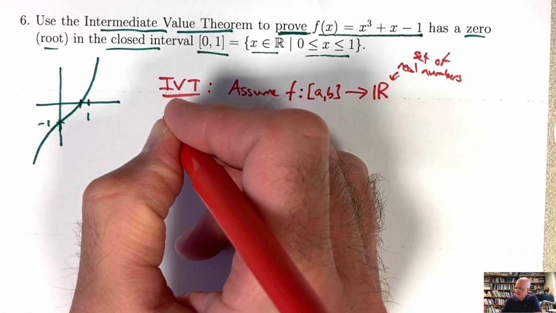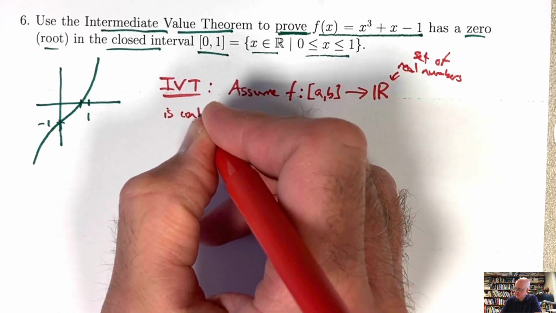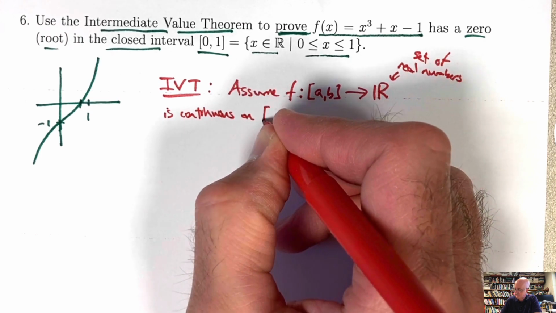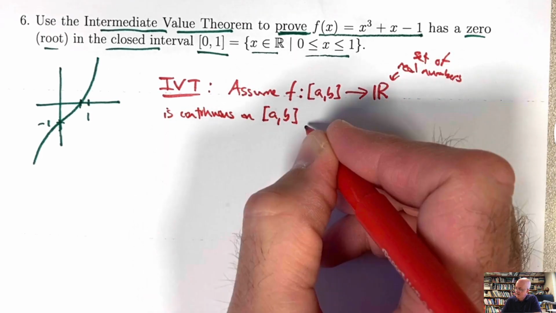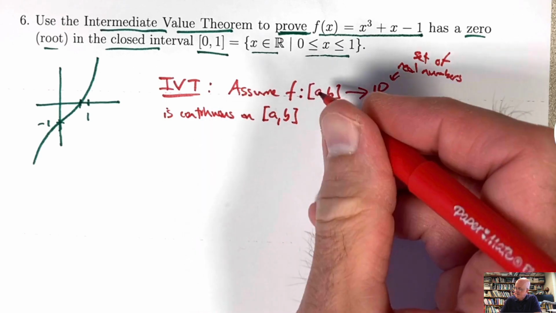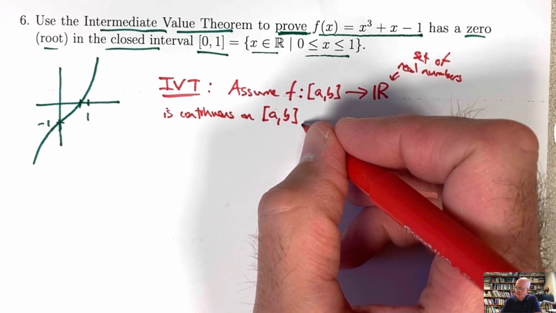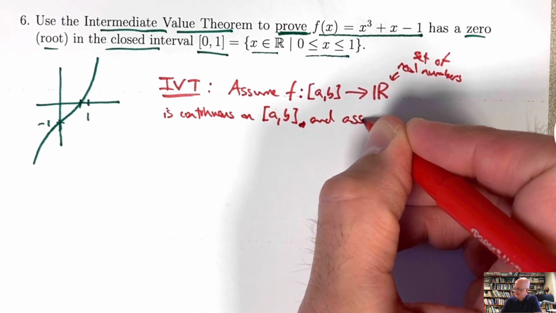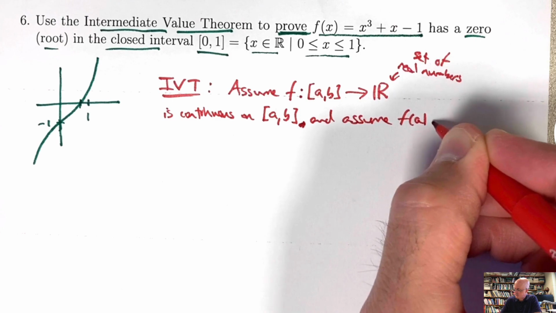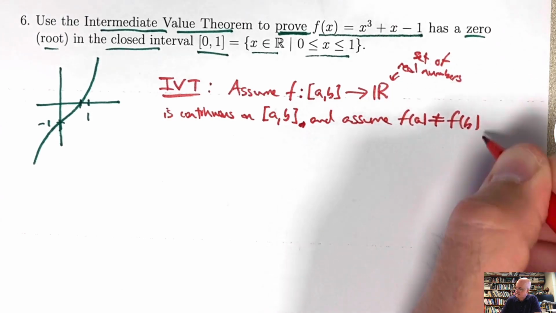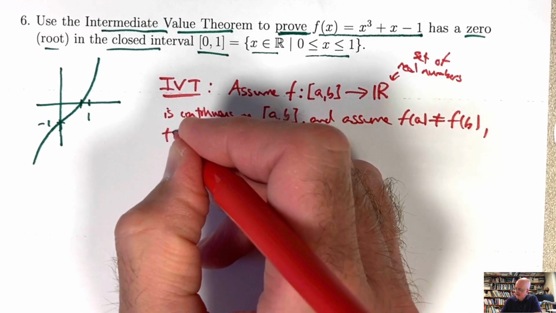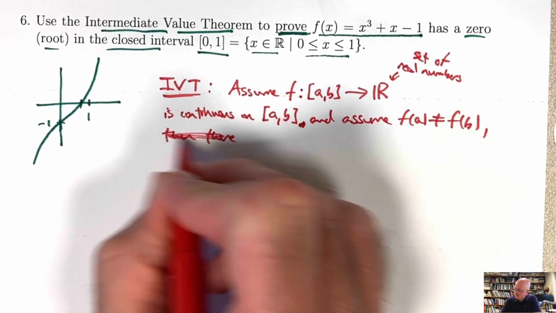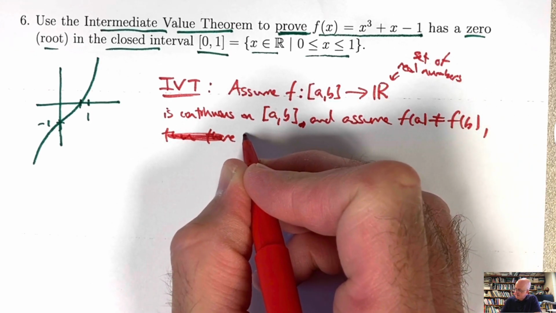So I'm going to assume this function is continuous, not just at one point or two points, but over the entire interval from a to b. The conclusion is, and let's also assume f of a and f of b are different from each other. Then there exists, okay, I'm not quite done here. Let's say it this way.